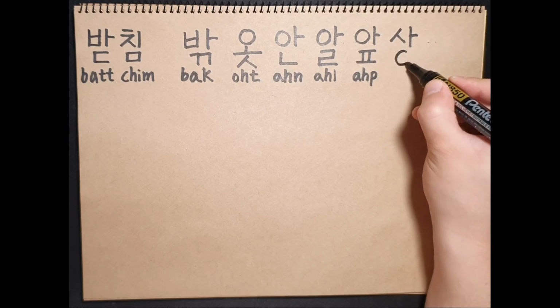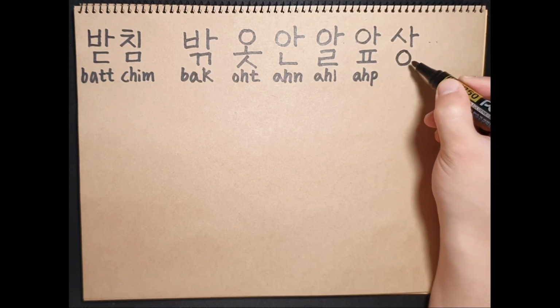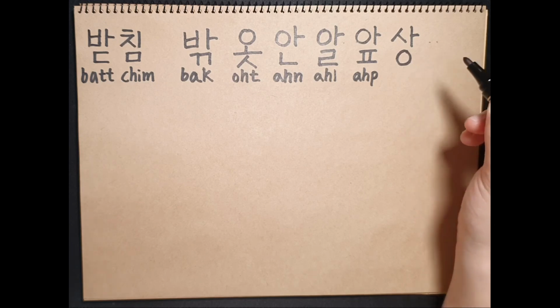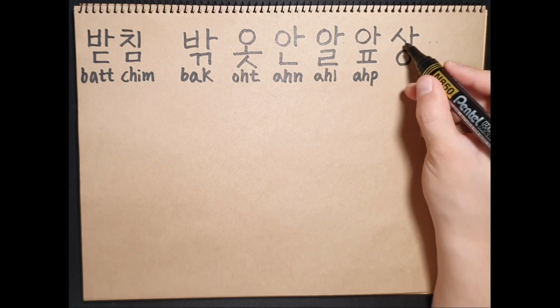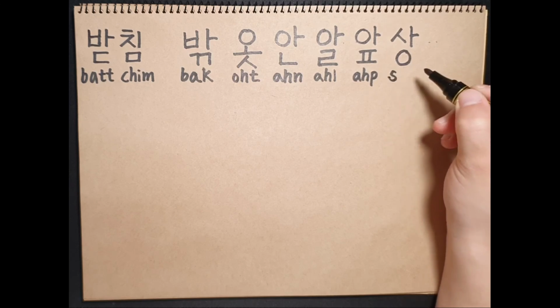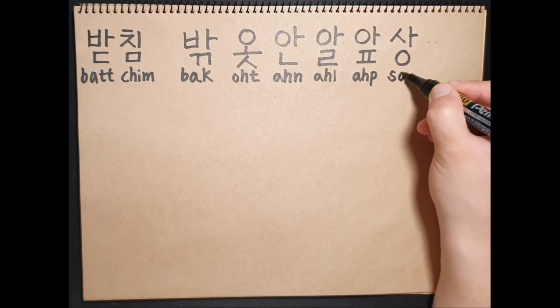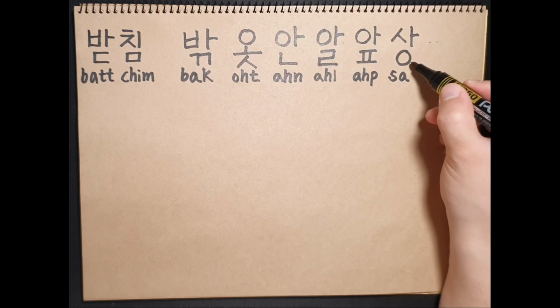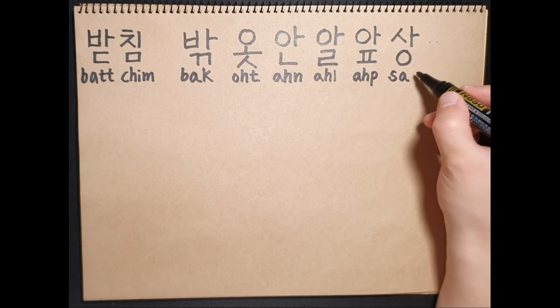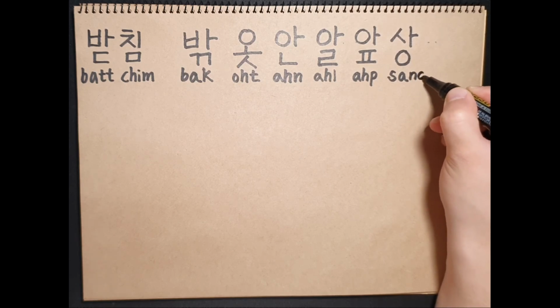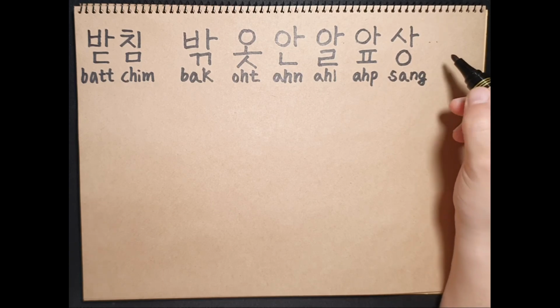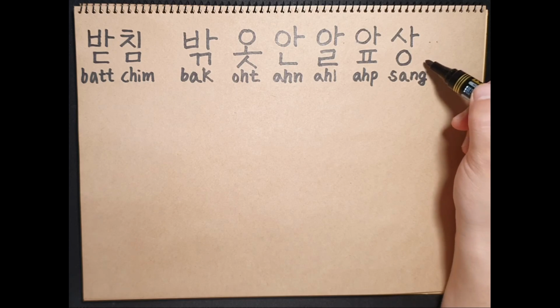So when you add 이응 at the bottom of a Korean letter, it makes the ending sound of 응. So 사, 시옷 has the sound of S, A, plus 이응 at the bottom has the ending sound of 응. We can pronounce this letter 상.